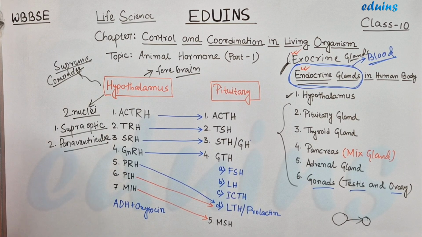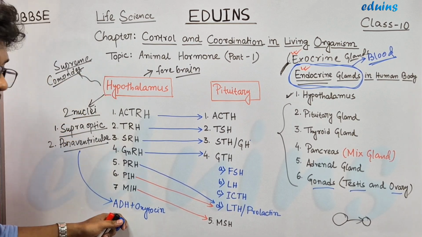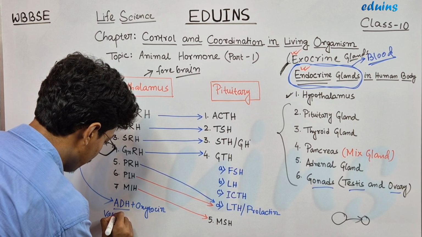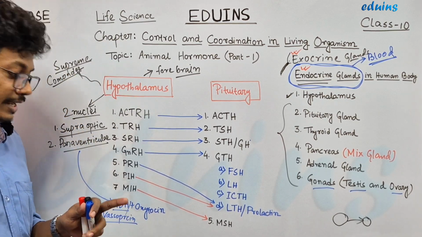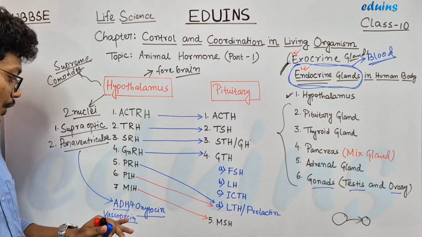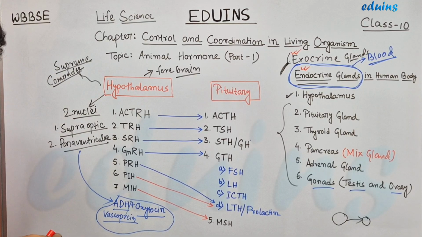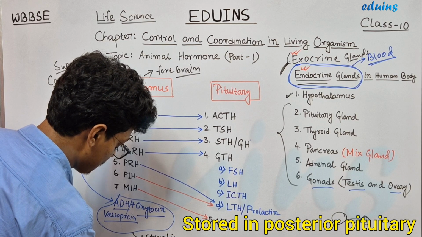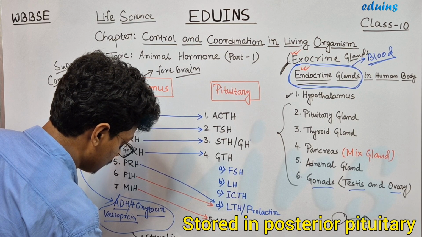These are the 2 nuclei present in the hypothalamus, which secrete the hormones antidiuretic hormone, also known as vasopressin or ADH, and oxytocin, which are actually stored in the posterior pituitary.